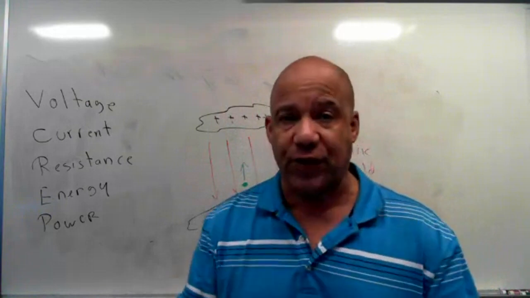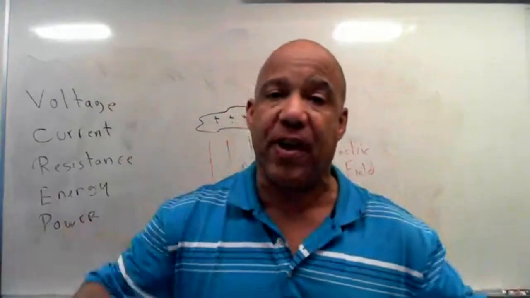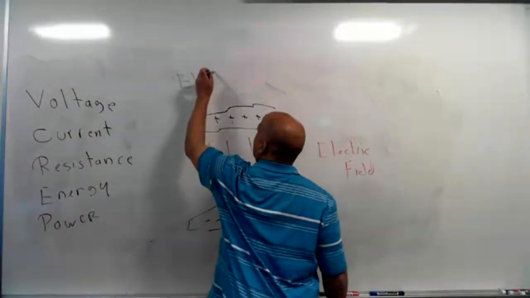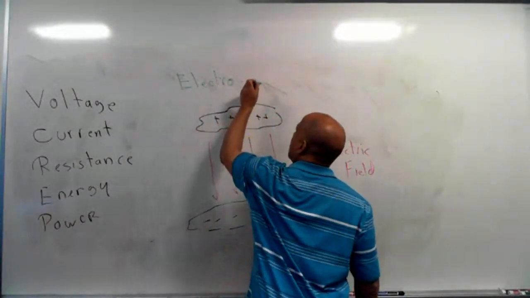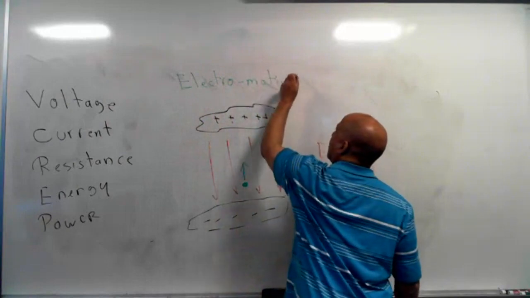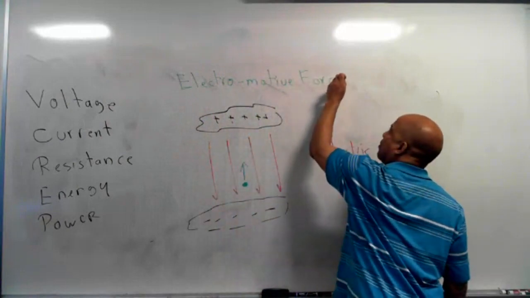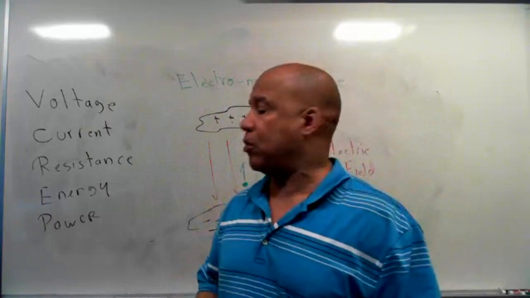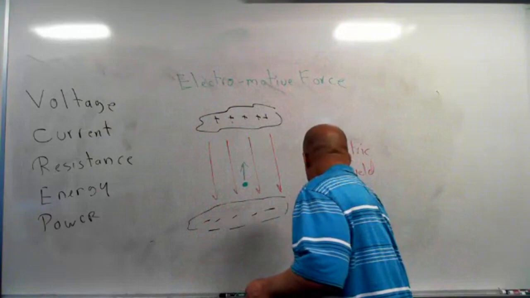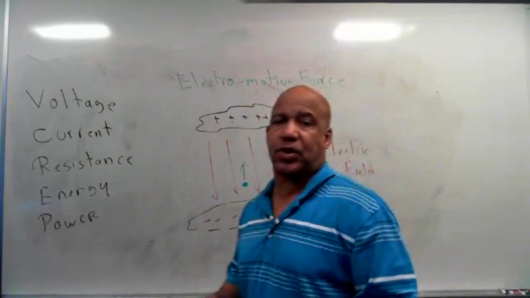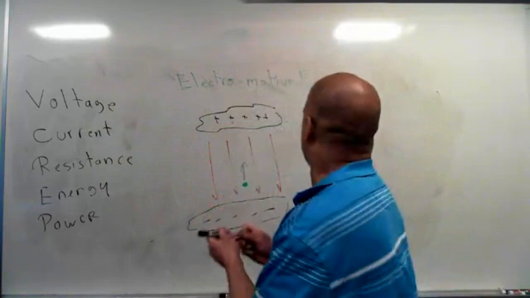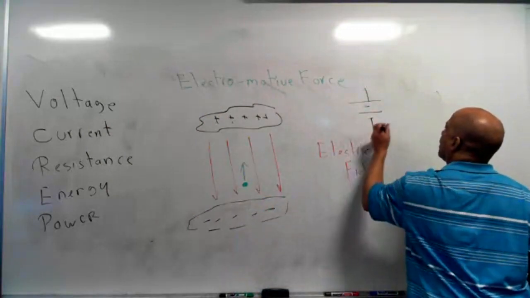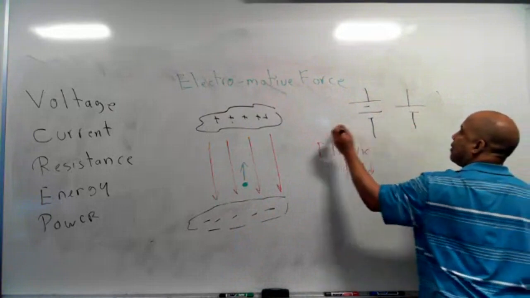The actual force that acts on the electrons in the electric field is called an electromotive force. The reason I'm bringing that up is, remember when we talked about the symbol to represent voltage? You can use this one, or that one.